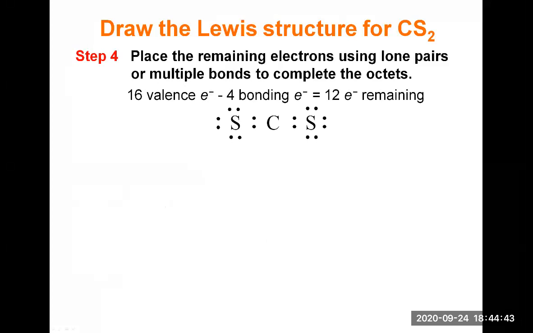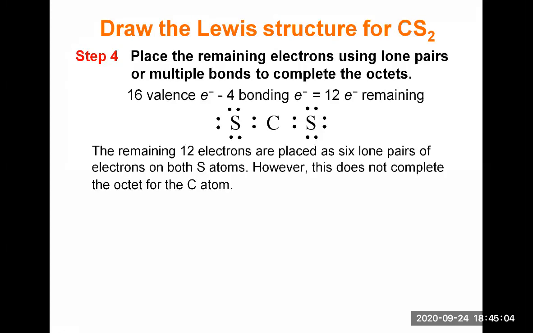When you put 3 lone pairs on each sulfur, that's 6 electrons plus the 2 from the single bond between sulfur and carbon. That's going to be 8 around each sulfur. So this way the sulfurs have their octets. And we have used all the electrons, right? The remaining 12 electrons are placed as 6 lone pairs of electrons on both sulfurs.